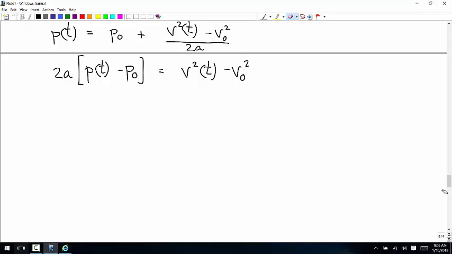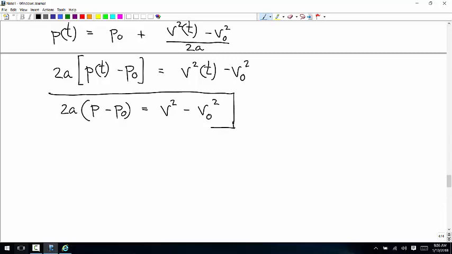For constant acceleration, they always work. So the last form of this is 2A times the quantity P minus P0 is equal to V squared minus V0 squared. That's the last one of these important equations.